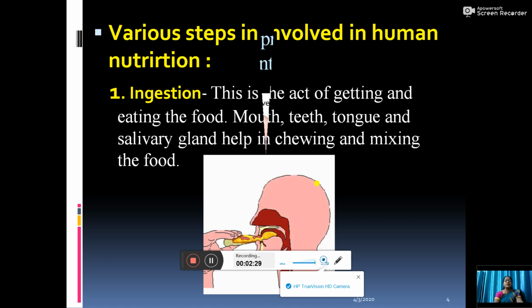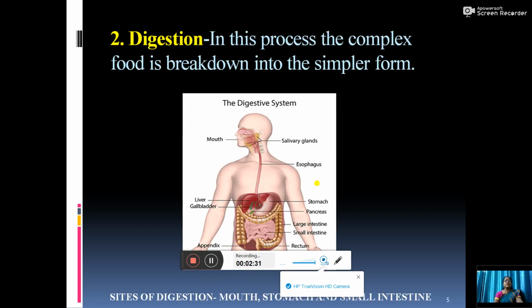The second step is digestion. Children, you studied already in the previous classes about digestion. So, what is the meaning of this? We are eating complex food like carbohydrates, proteins, fats, etc. That food is broken down into a simpler form.